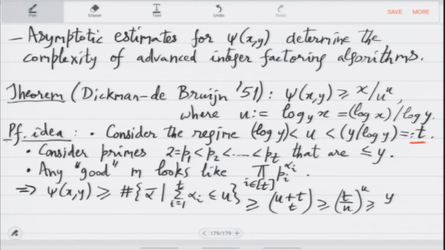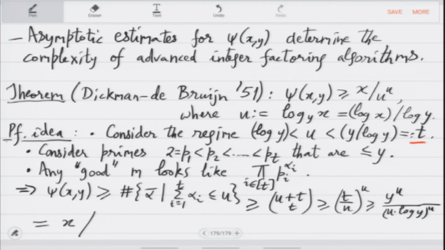So you get y raised to u divided by u times log y to the u. What is y to the u? y to the u is x. What is u times log y?